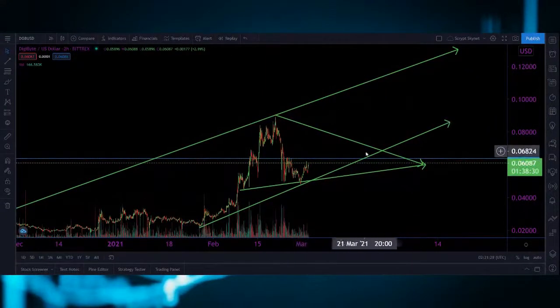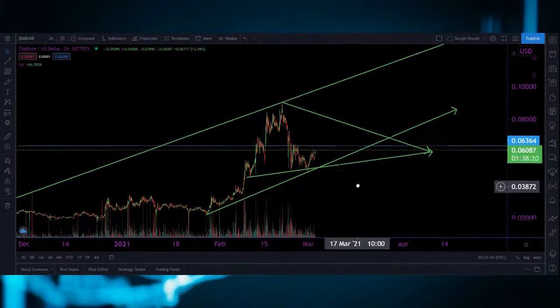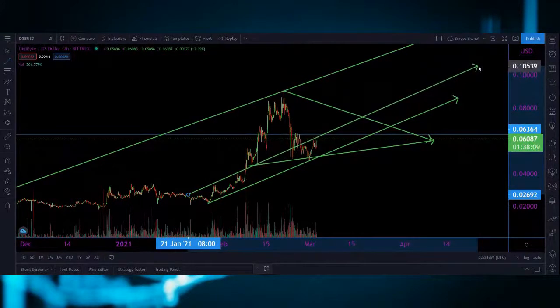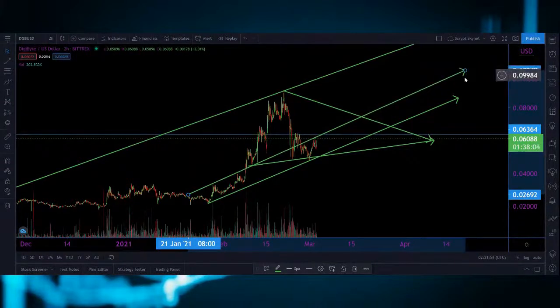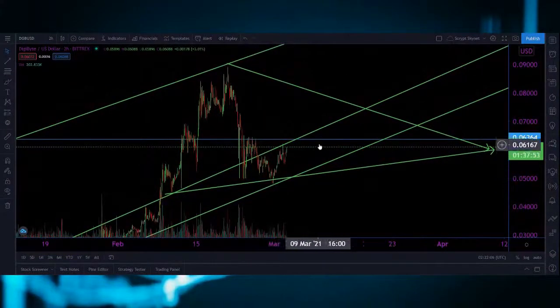Could respect this trend line going up. We go like this, like Bitcoin. Should break out somewhere right around here. Somewhere up in here.